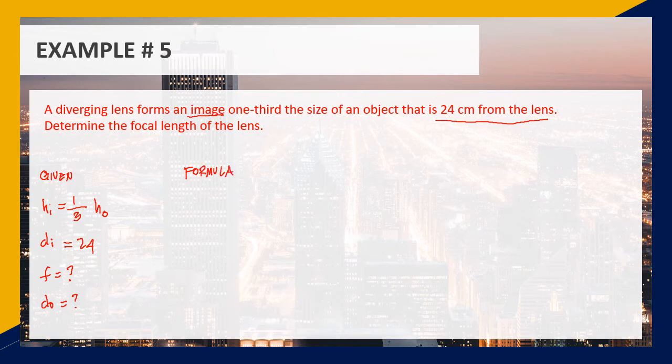So the formula we will use first, since we don't have DO yet, is the magnification. So hi over ho is equal to negative di over do. Then the next is 1 over do plus 1 over di is equal to 1 over f, no? So solution. The hi is equal to 1/3 HO.